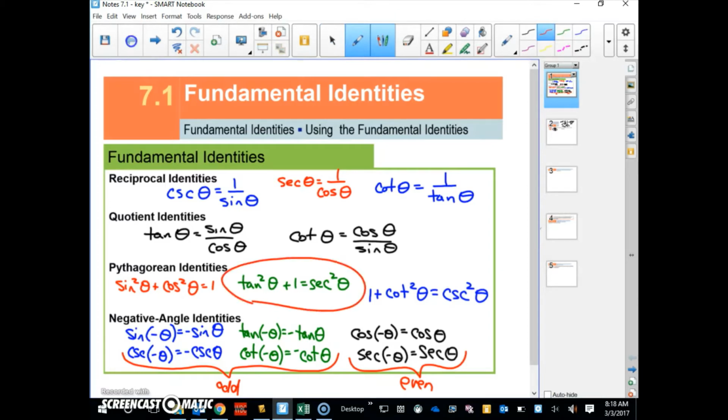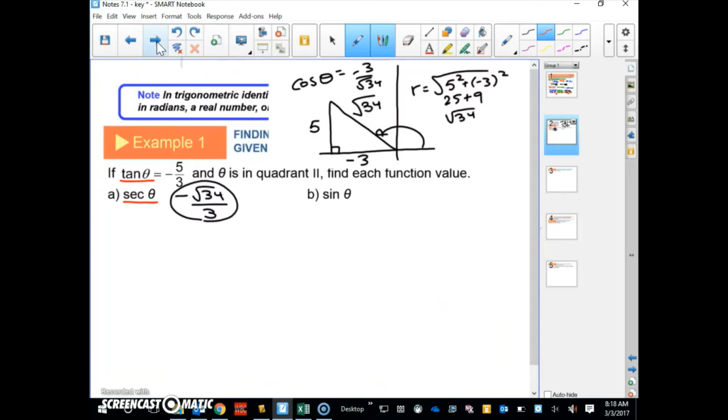And so, see how this formula right here, tangent squared theta plus 1 equals secant squared theta? We are supposed to use that formula. Tangent squared theta plus 1 equals secant squared theta. We're supposed to use this formula, not draw a picture.